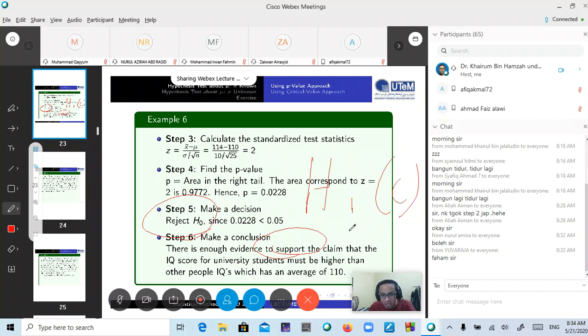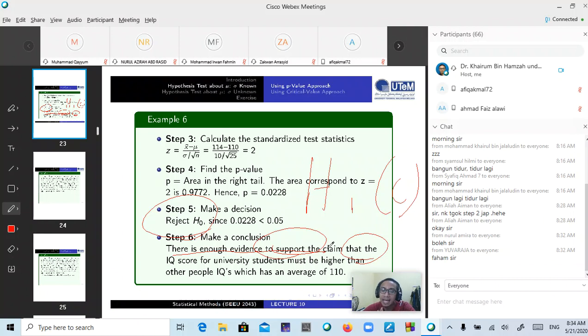Bila you reject H0, maksudnya you terima H1, maksudnya you support your claim. So, that is enough evidence to support the claim. Selebihnya ni, copy je balik daripada soalan. Any problem?